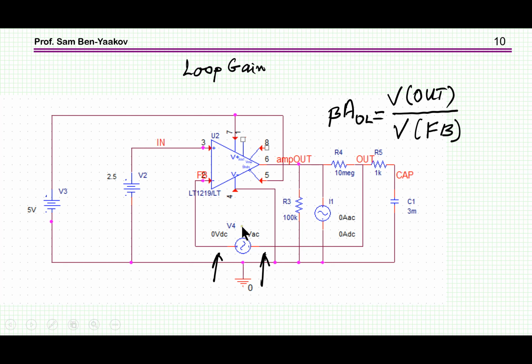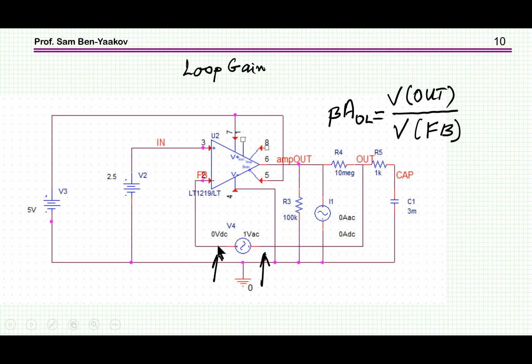By putting this source here and then looking at the ratio between the voltage here and the voltage here, you get the transfer function. This is something, again, that is discussed in some of my videos.